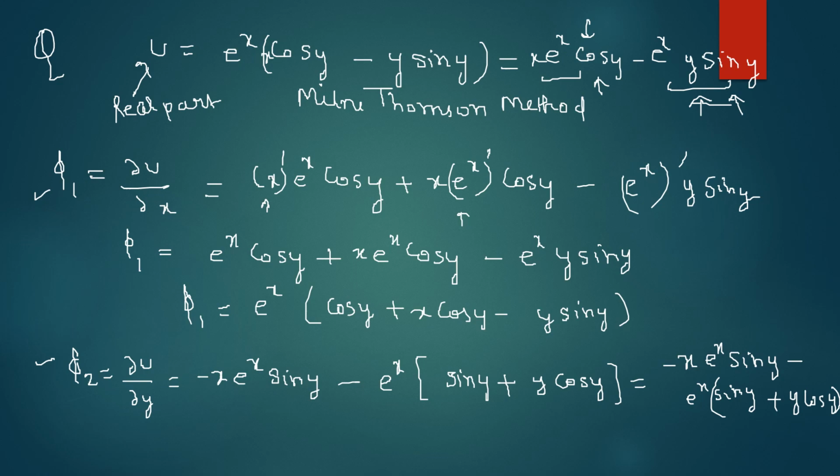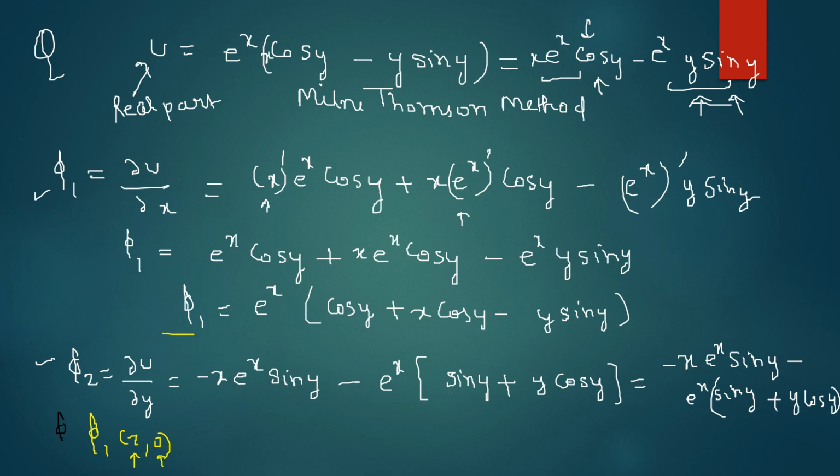So you have to apply Milne Thomson method, and what it is, phi 1, oh, it is not visible at all. Okay, phi 1 at z comma 0, then phi 2 at z comma 0. Okay, z comma 0 means instead of x you will use z, and instead of y you will use 0.